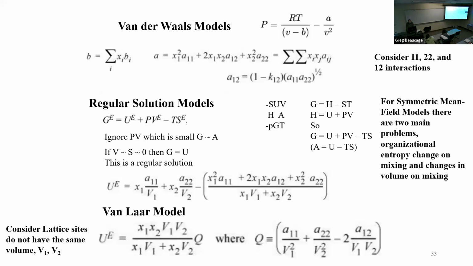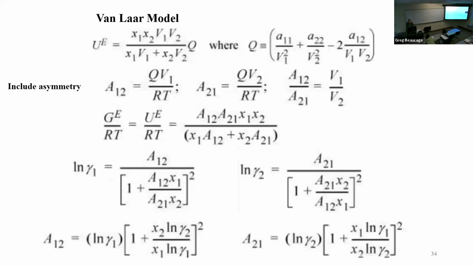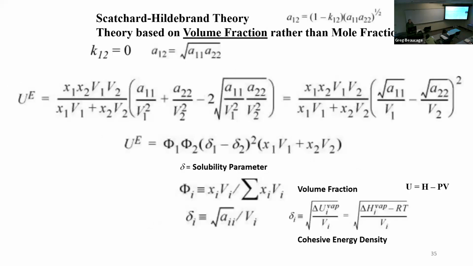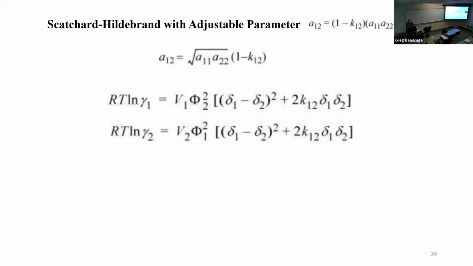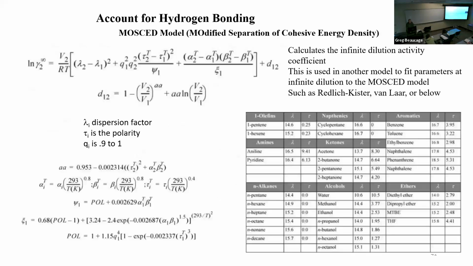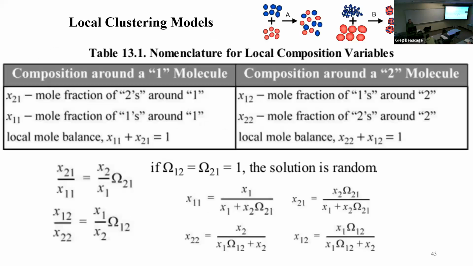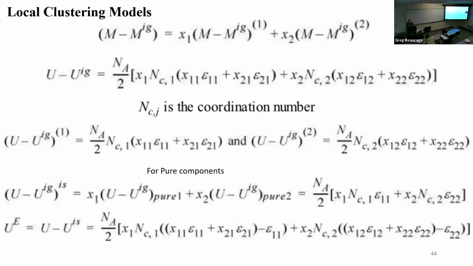So there's just various flavors of this, various complications that work for different chemical systems and metallurgical systems. There's a lot of them, and some of them are listed in here. Clustering you can account for with this, so you can see there's a different nomenclature for this local clustering.